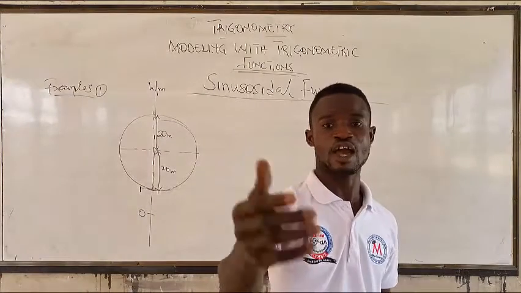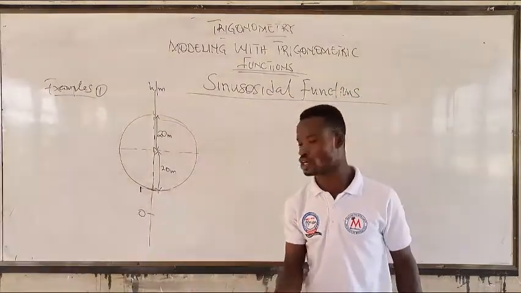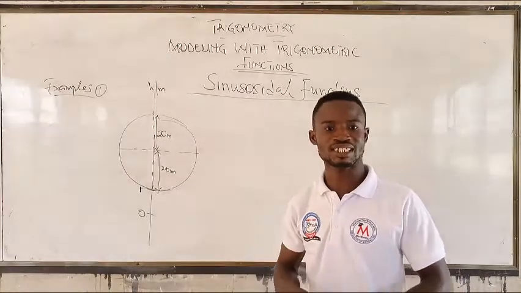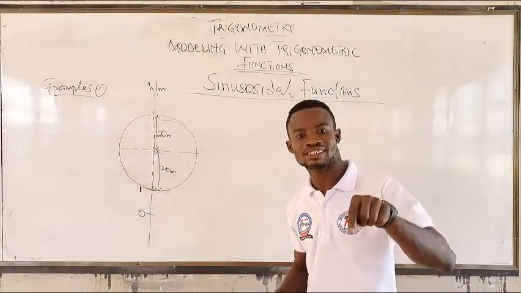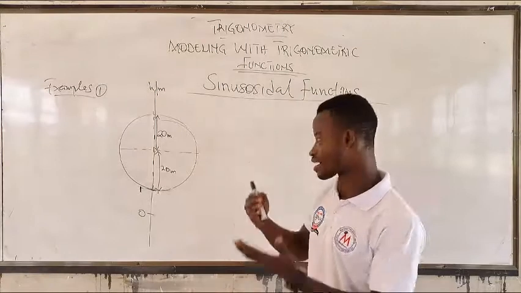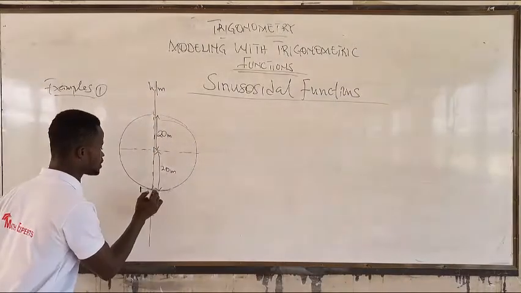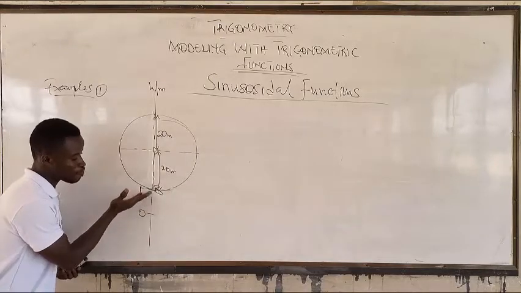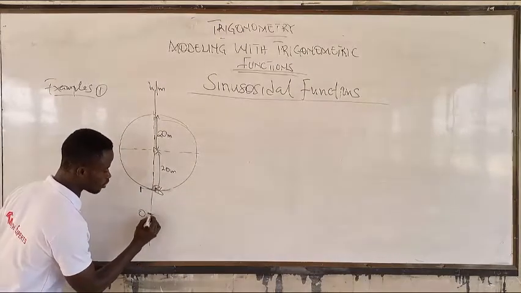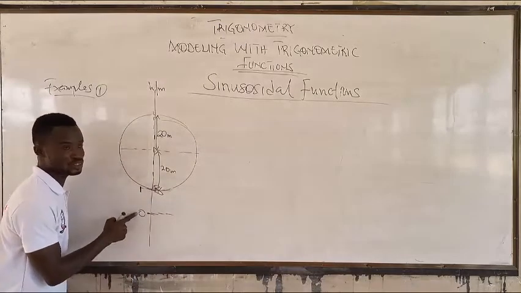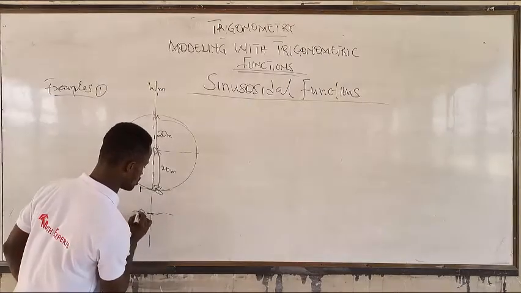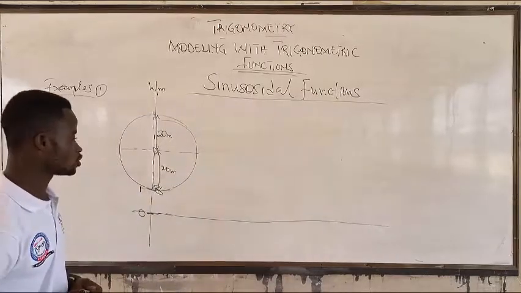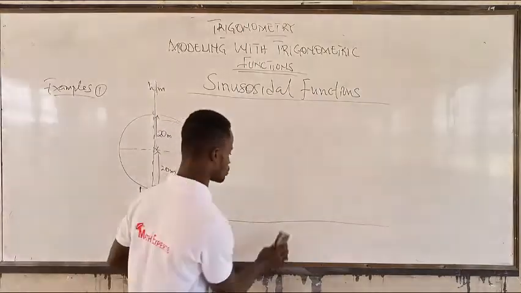The point B is 1 meter above the ground, so this will be the ground, and the ground starts from 0, right?